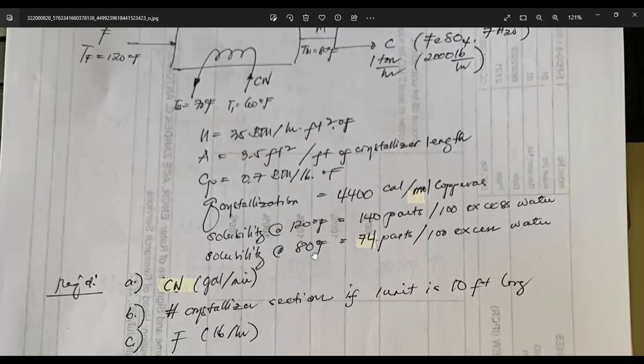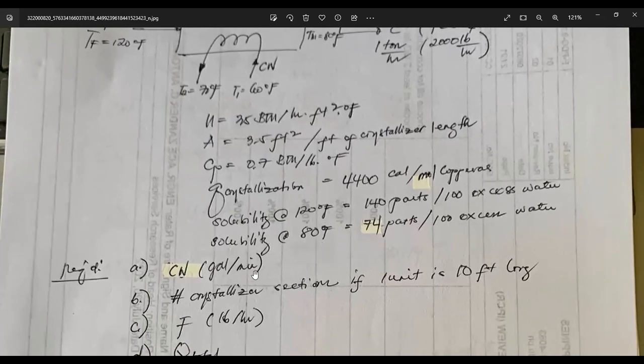The problem asks you for the cooling water in gallons per minute, so you'll need the density of water because your cooling water here is in volume per unit time. Then letter B asks how many crystallizer sections you would need if a unit is 10 feet long?